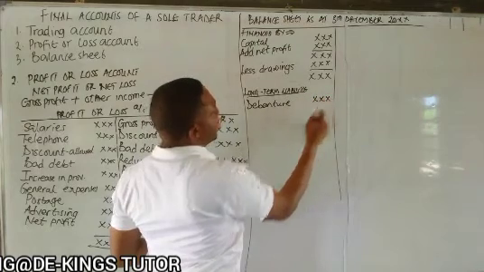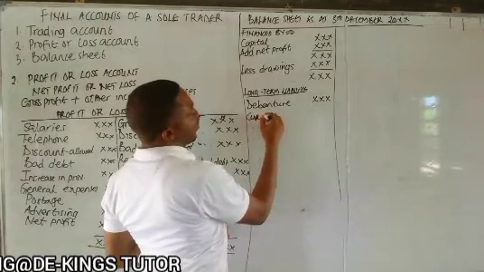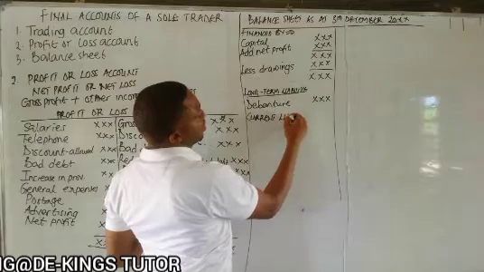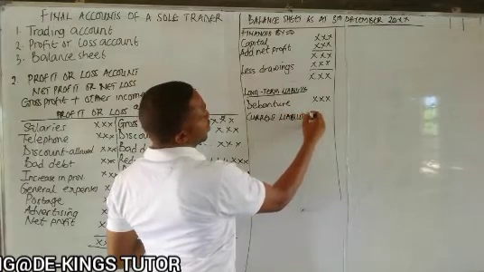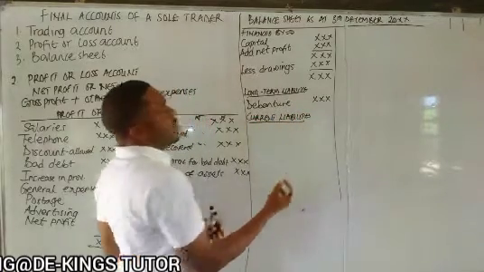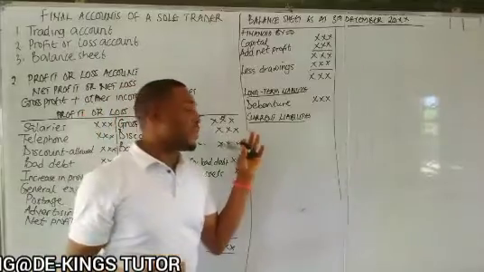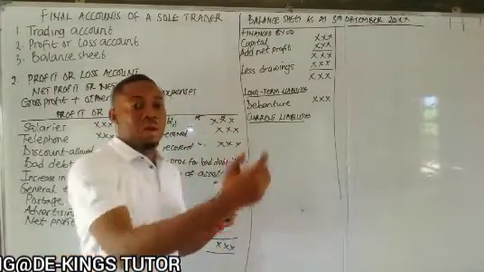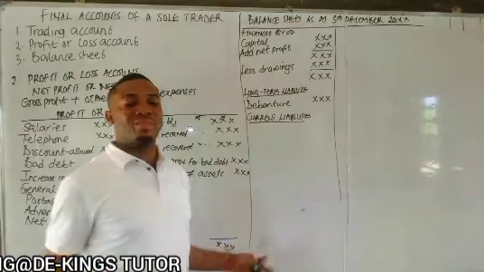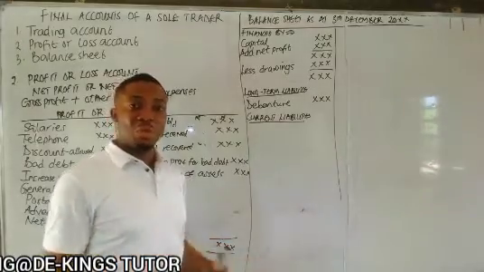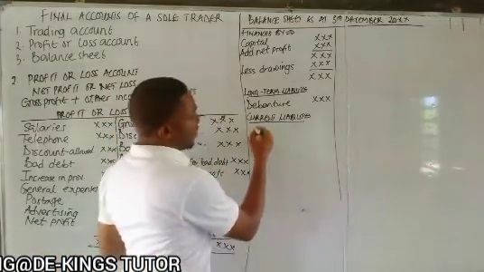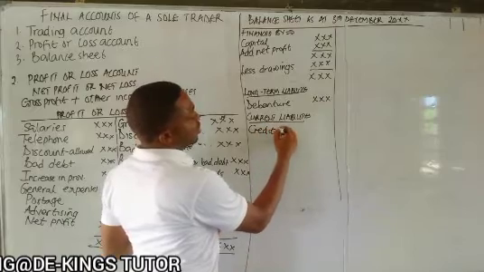Now we can also have current liabilities. The current liability is what the firm owes to outsiders within an accounting period, within an accounting year, within 1 year. Some of the items there are creditors.